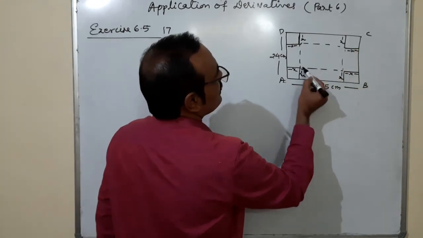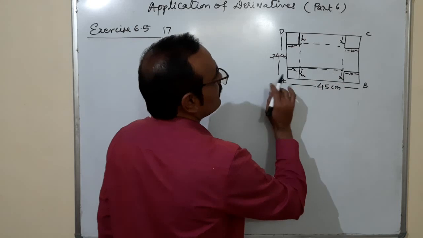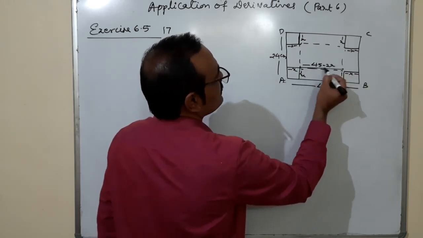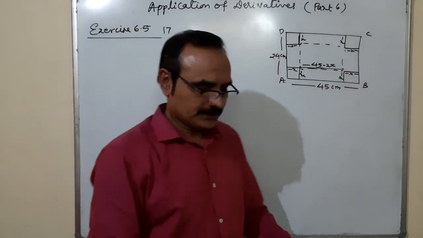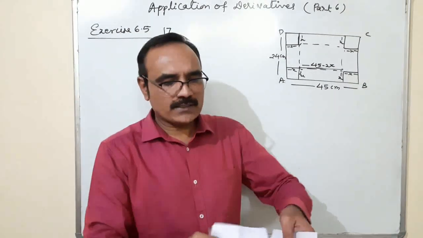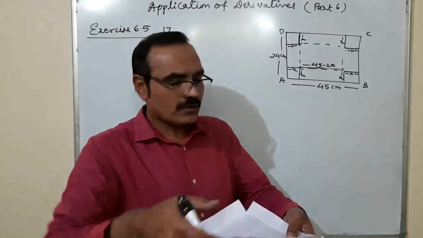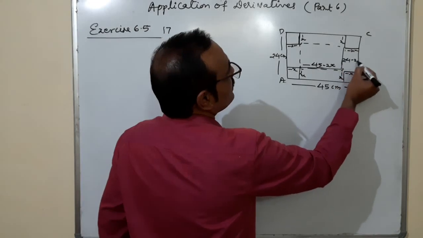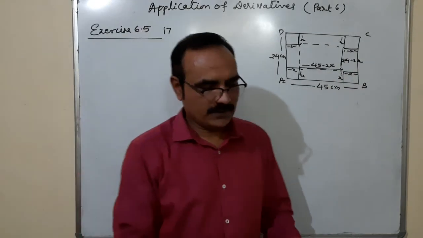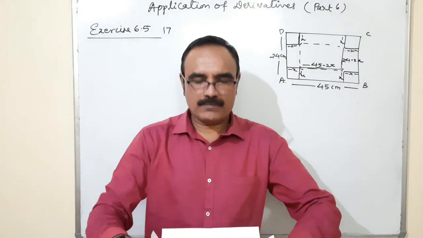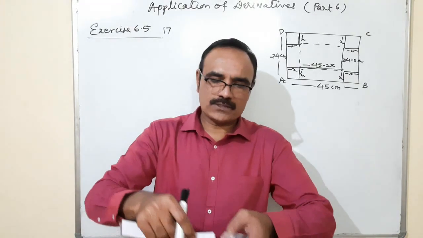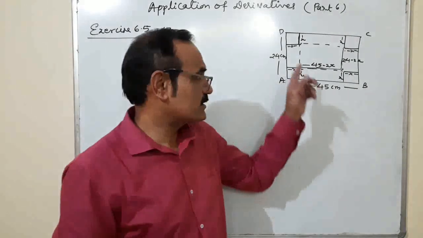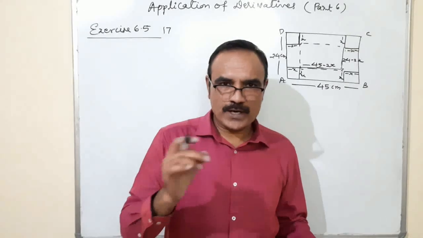The length of the cuboid is 45 minus 2x, breadth of the cuboid is 24 minus 2x, and height of the cuboid? When I fold upside, this is the side of the square, which we have taken as x. So height of the cuboid is x.